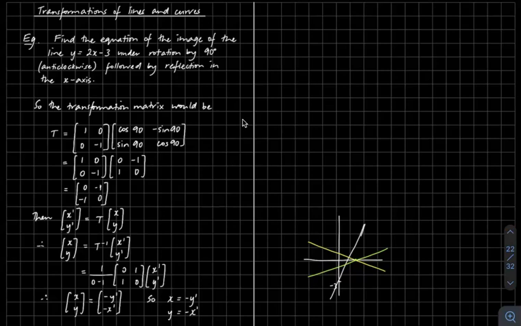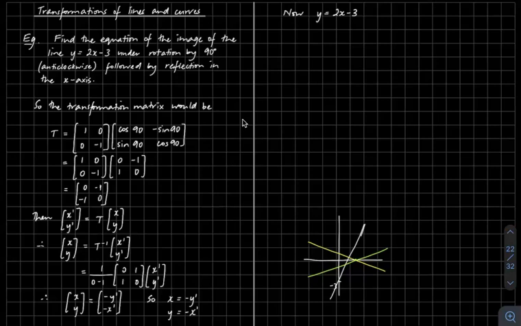So we know that y is equal to 2x minus 3. So in other words, we've got an equation that relates the original x and y coordinates, but we've also now got some equations at the bottom of the left hand side there which relate the original points to the image points.